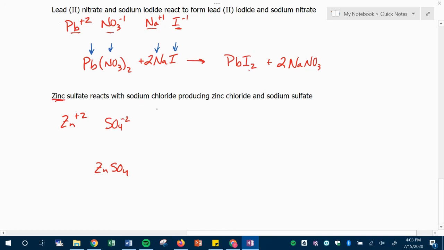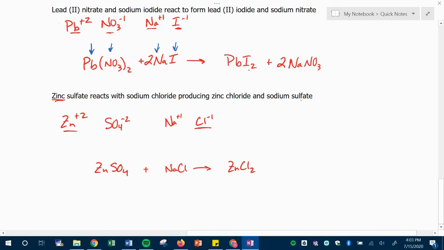Then next up, sodium chloride. So sodium is Na +1 and chloride, Cl -1. So the +1 and -1 would cancel each other out. So it's just NaCl. And then it goes on to produce now zinc chloride. So we look, zinc is +2, chlorine is -1. So ZnCl2.